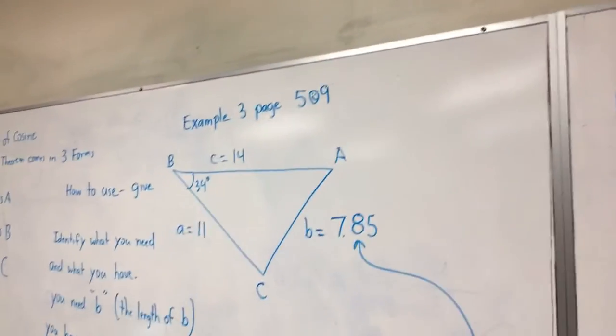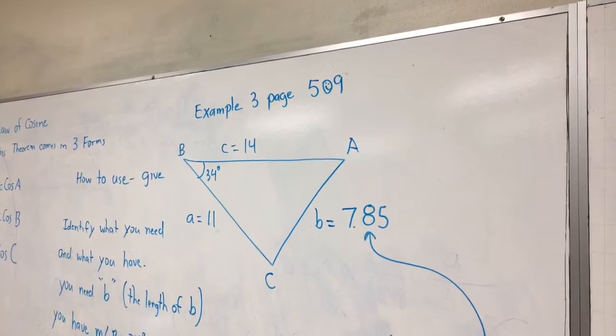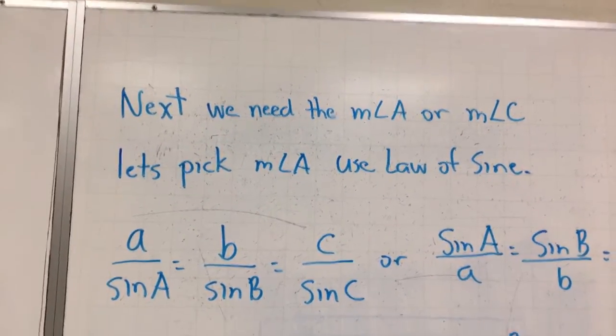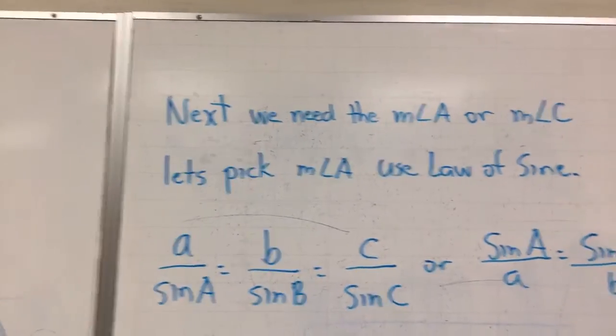Now, I would like the measure of angle A or C. It matters not, I have all three sides now. But to find that, I'm going to go back to the law of sines.